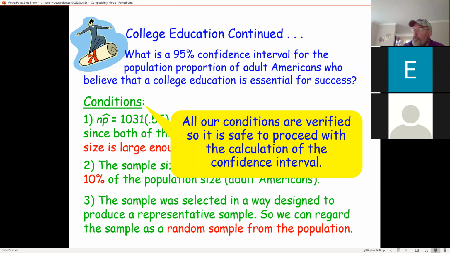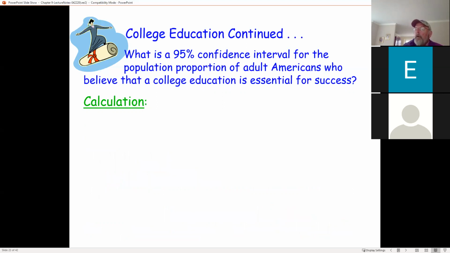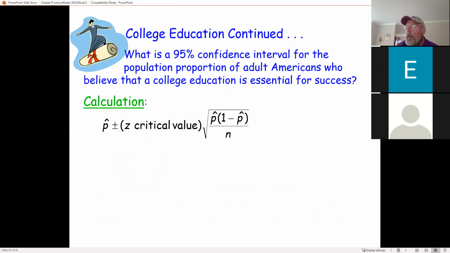So we're set to calculate the confidence interval. We're looking at 95% confidence, so that gives us the critical Z-score, and then we have the standard error of the proportion.